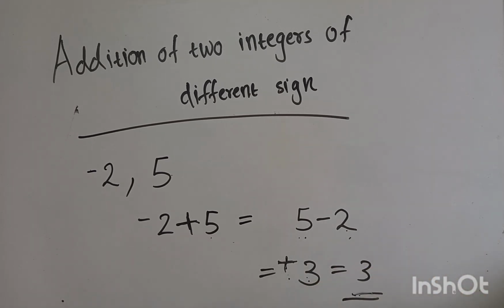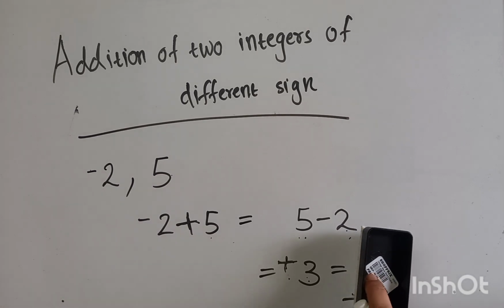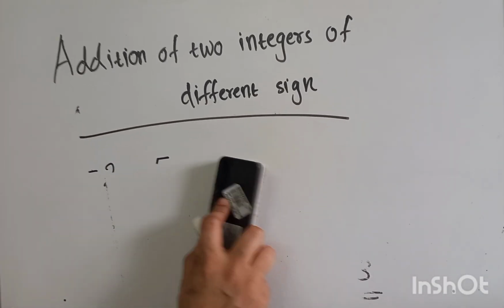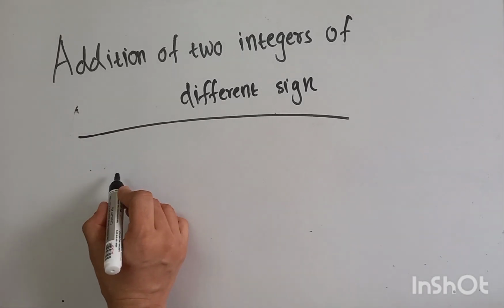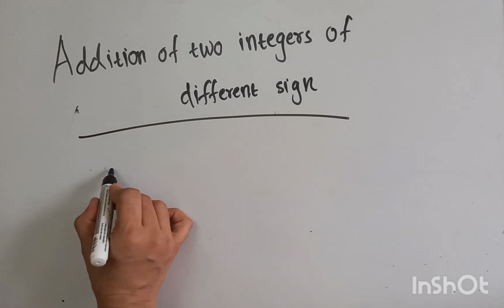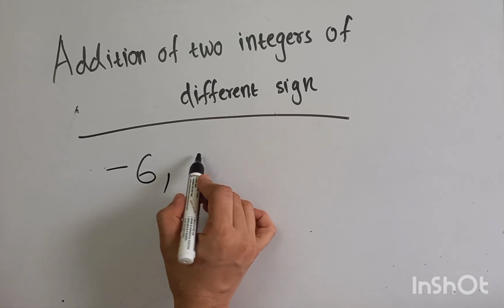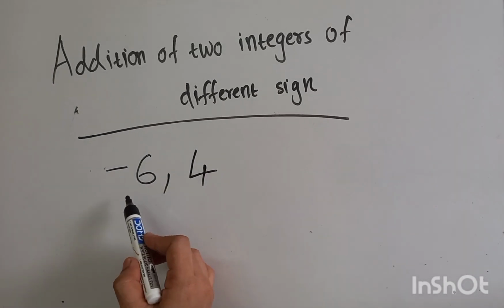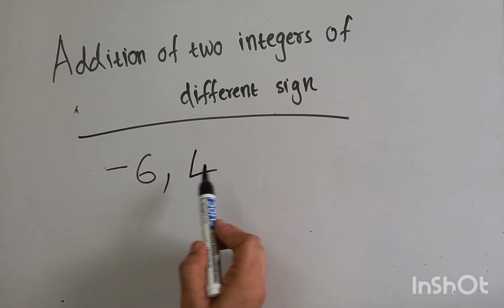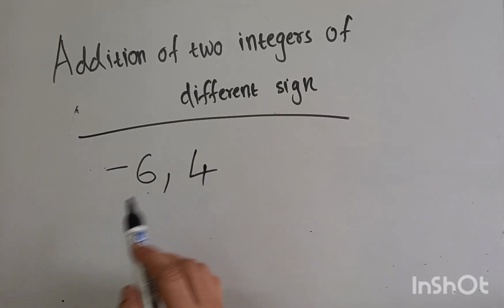Now, I think there may be some confusion. Let us check a few more examples and then you will be thorough. Let one number be negative 6 and the other number 4. Here also the case is the same: one is a negative integer, the other a positive integer, and you have to add them.